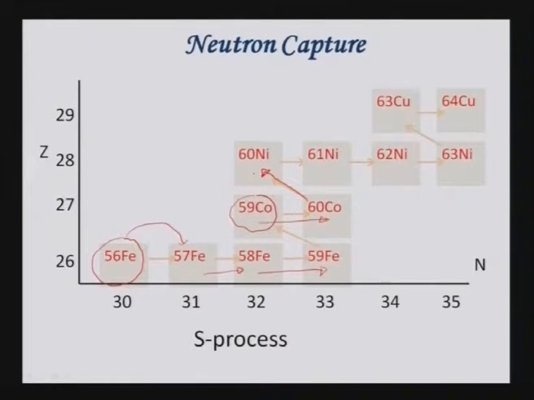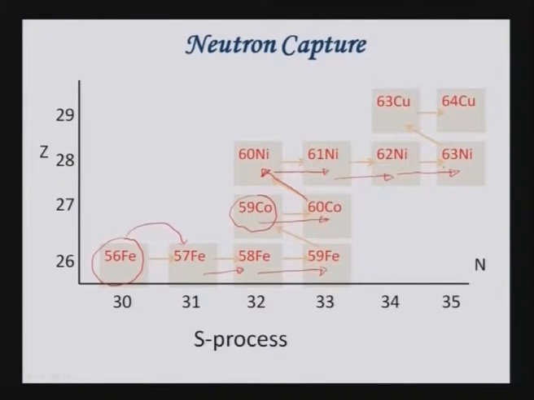So, we have gone yet one step ahead in the periodic table. From cobalt we have reached nickel. Then nickel-60 will absorb a neutron and become nickel-61. Nickel-61 is also stable, this will stay there, and when a neutron comes it will become nickel-62. Then from nickel-62 it will be nickel-63.